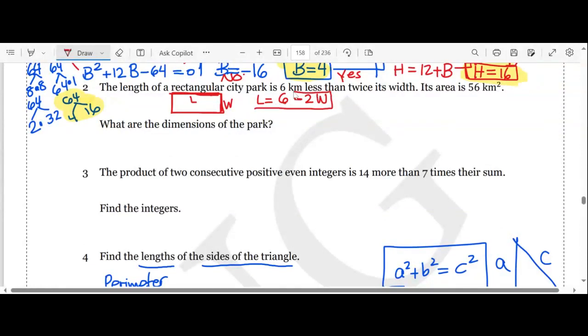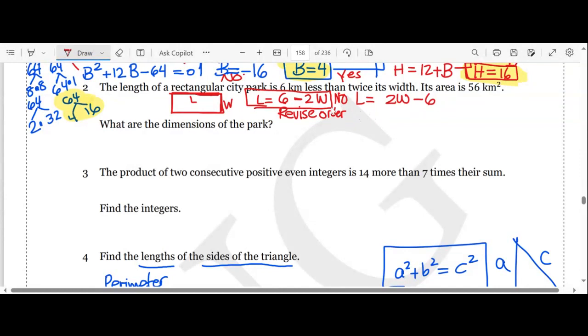Is this correct, what I wrote? No. I have to reverse. Why do I have to reverse? Why, Muhammad? Because it's less than. Yes. So you have to put 2W minus 6.